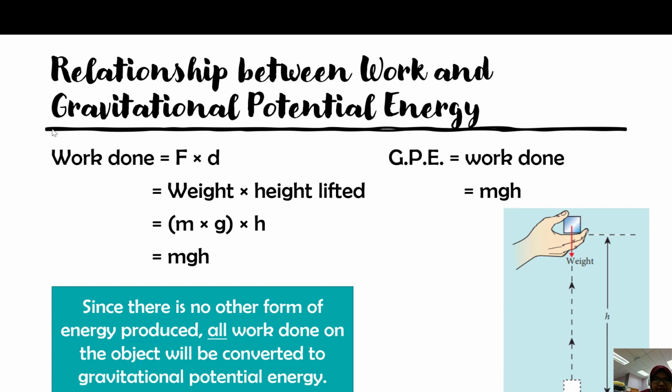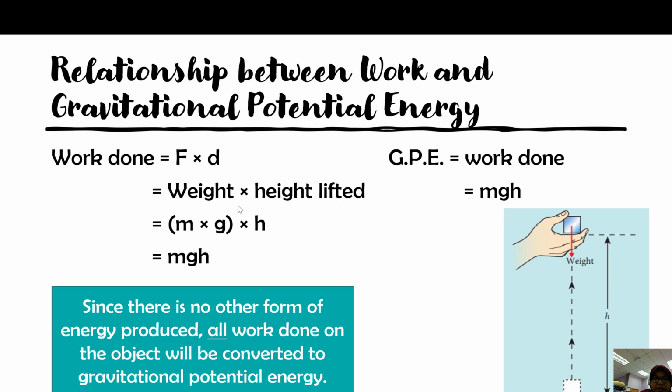Relationship between work and gravitational potential energy. Work done, we have learned this one, the formula is force times the distance, where the distance has the same direction as the force. So if we have weight as the force, we just times it with the height.